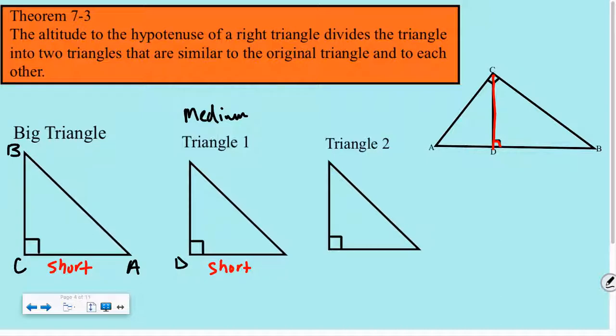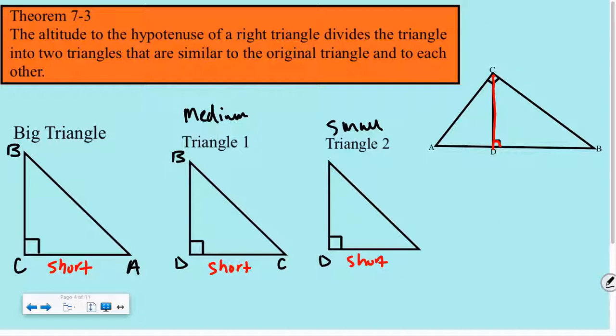Is DC shorter or DB shorter? DC. So then I want to put the C at the bottom and then the B at the top. And then triangle 2, which is going to be our little tiny guy, the small one. Triangle ABC. Again, I want to keep the shortest side on the bottom. My right angle is named what?